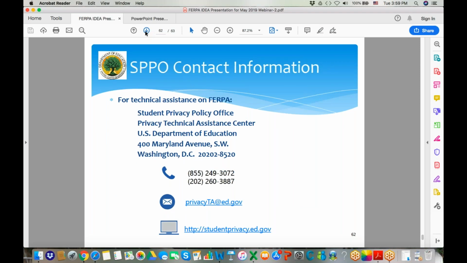So thanks, Colin. The thing I really want to point out on this slide is at the bottom, and that should really be https://studentprivacy.ed.gov. If you go into your Google search and type in studentprivacy.ed.gov, it'll give you a link that'll take you there. We've really worked to hone this website over the last several years, and we've made it user-friendly.